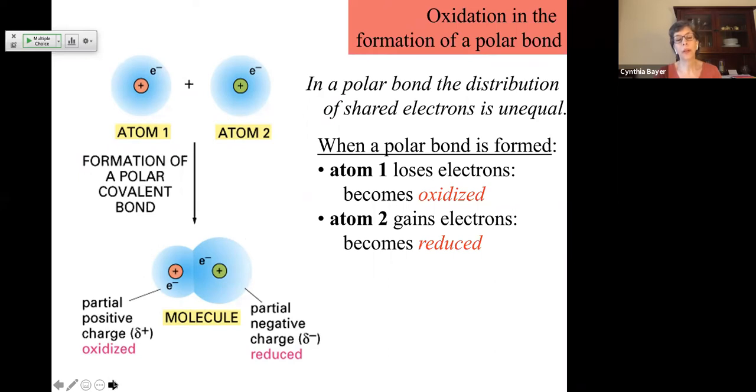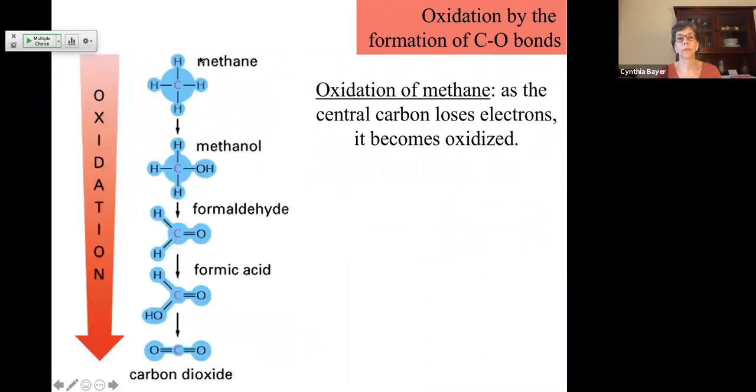And we can see an example of that. What we're really going to be focusing on is oxidations of carbons in this process of breaking down this carbon-based fuel molecule. So let's look at a type of fuel, methane. Methane is a carbon that shares 4 pairs of electrons with 4 hydrogen atoms. Those are all non-polar covalent bonds.